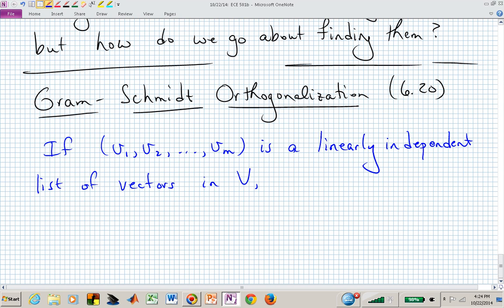It's just a linearly independent list of vectors. That's all we're saying right now. And we have m of those.